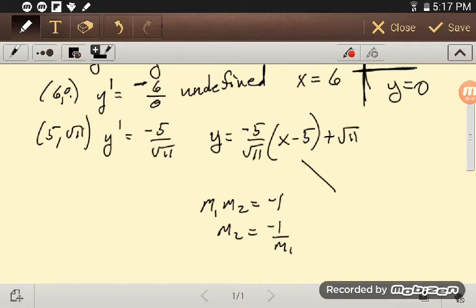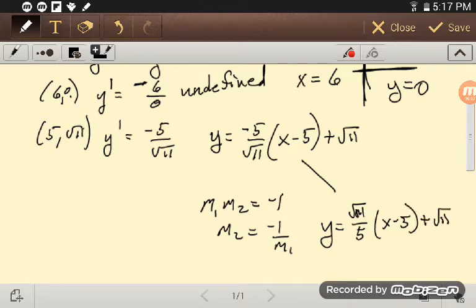And so we need a slope of square root of 11 over 5 for that one. So y equals square root of 11 over 5 times x minus 5, plus the square root of 11.